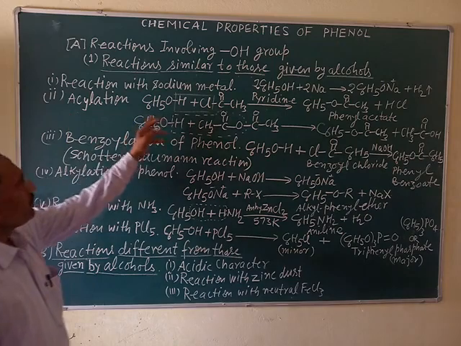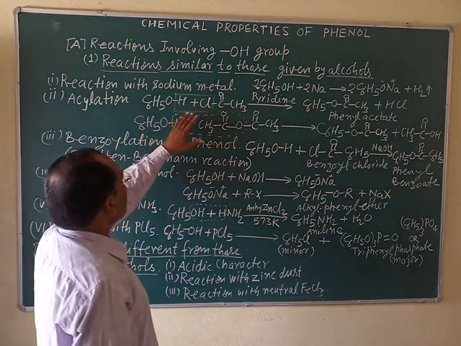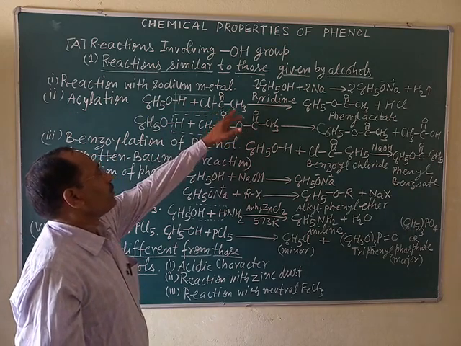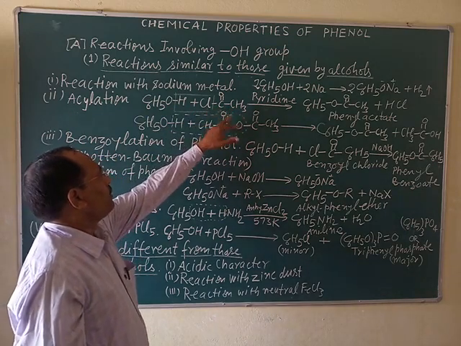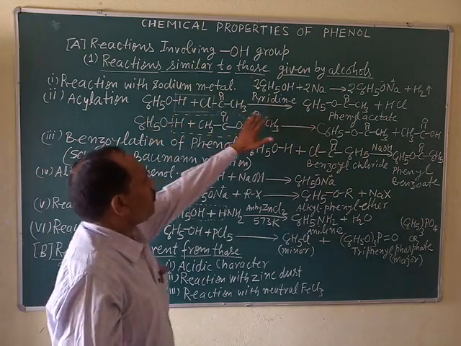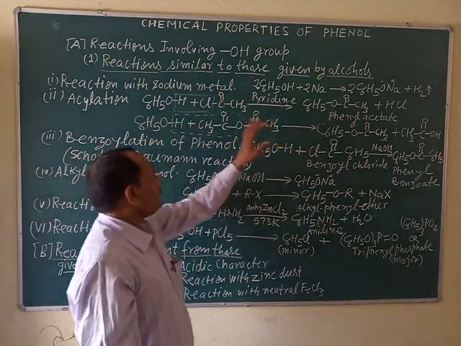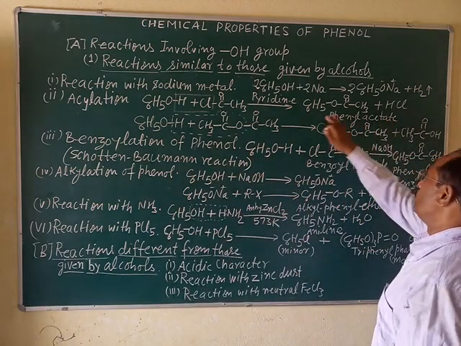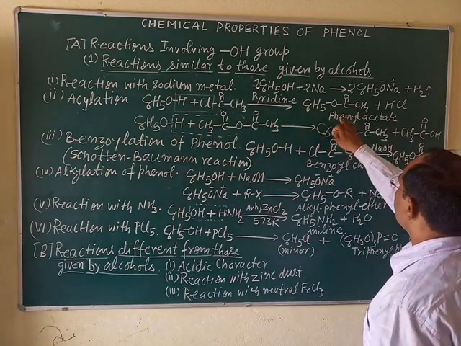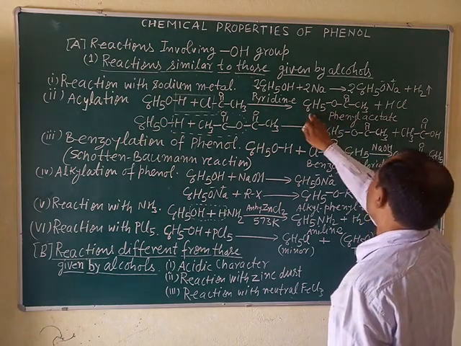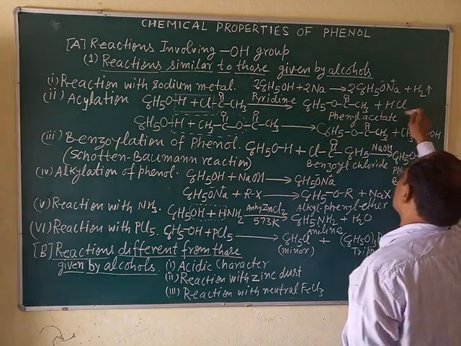When phenol is treated with acid chloride like acetyl chloride, CH3COCl, in presence of pyridine, it gives phenyl acetate, which is a type of ester, and HCl.